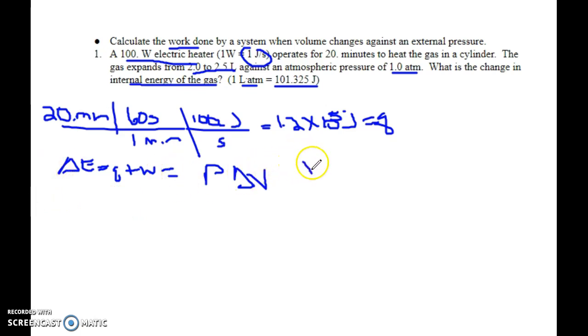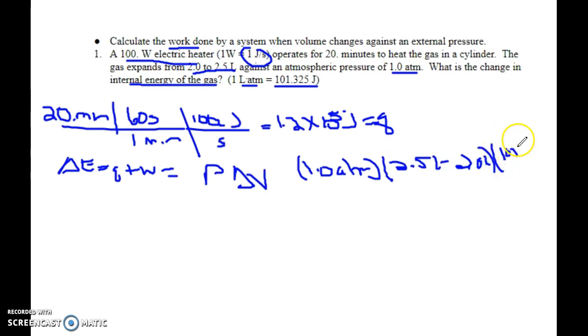So I have 1 atm, and that's going to go to 2.5 liters minus the 2 liters. You could just put 0.5 liters in there. That's where it comes from. And then I'm going to do the 101.325 joules is equal to a liter atmosphere.